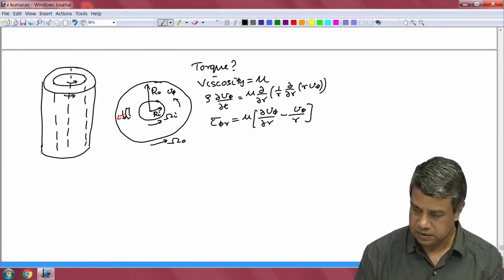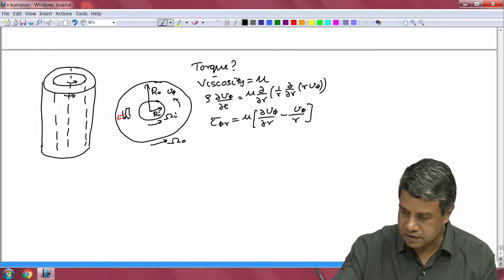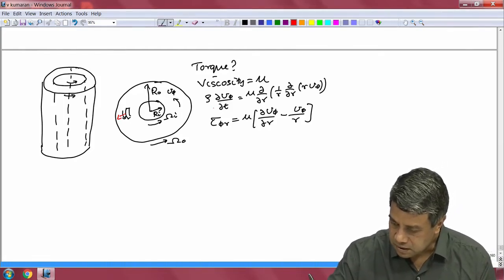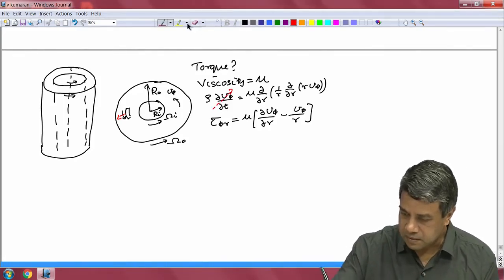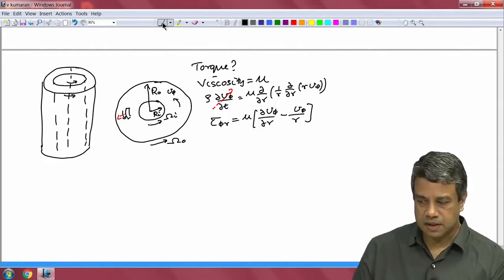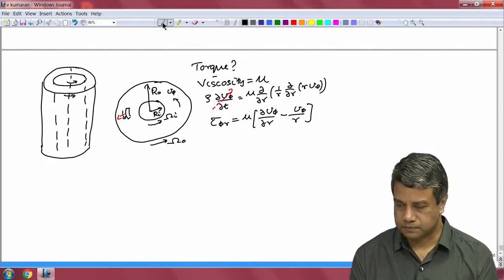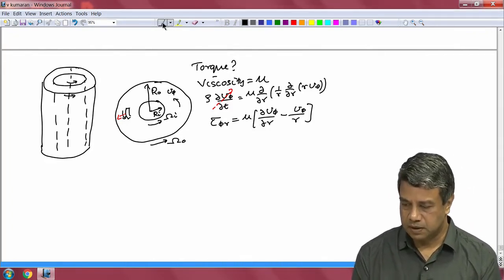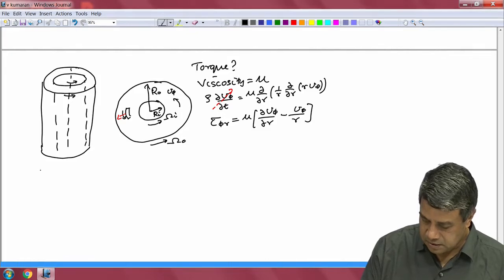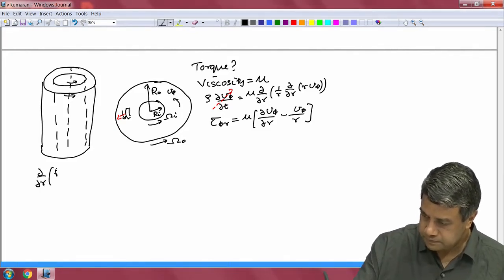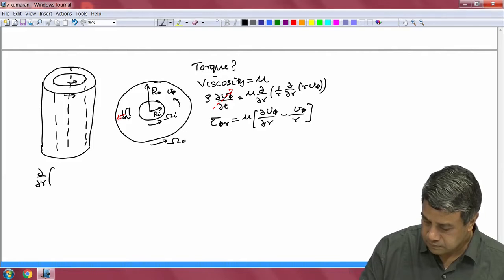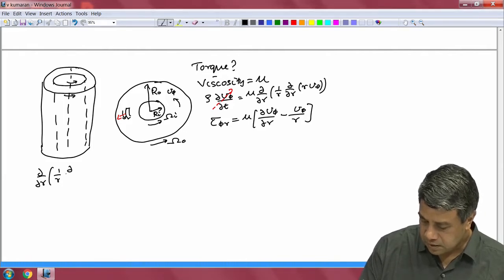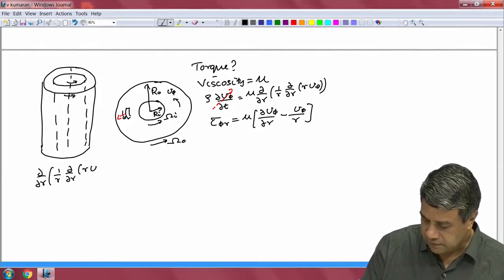At steady state, of course, the time dependent term is equal to 0. There is no time dependence. Therefore, I have to solve the equation d by dr of 1 by r d by dr of r v phi is equal to 0.